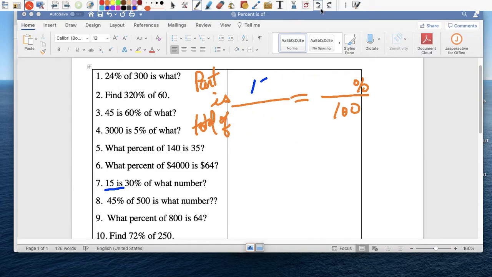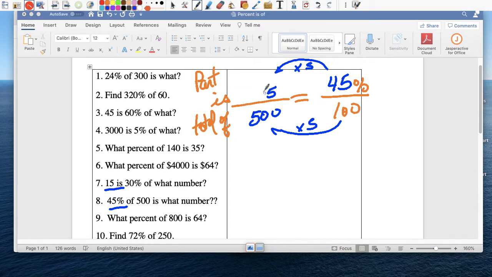Number 8, 45%, so that's of 500 is what number? So 45% of 500 is what number? Well, times 5, times 5, to 25. Okay, 225.